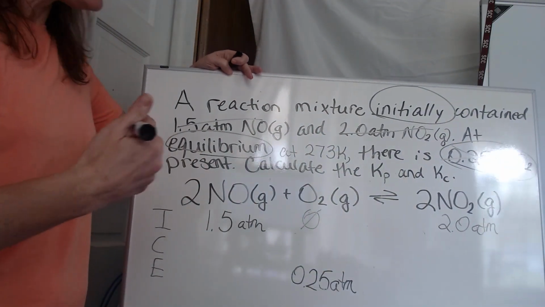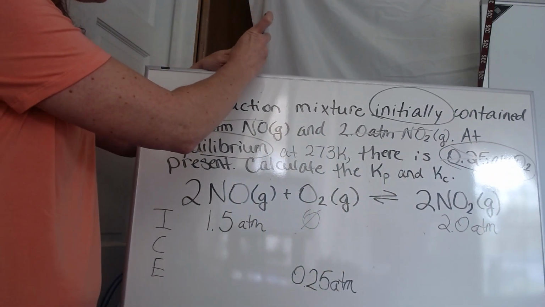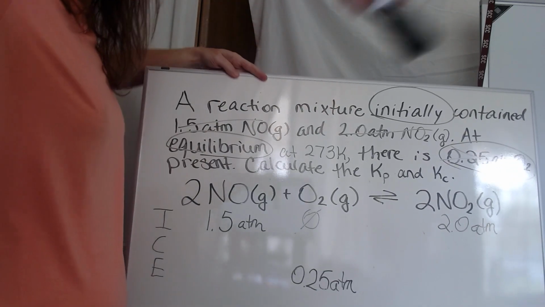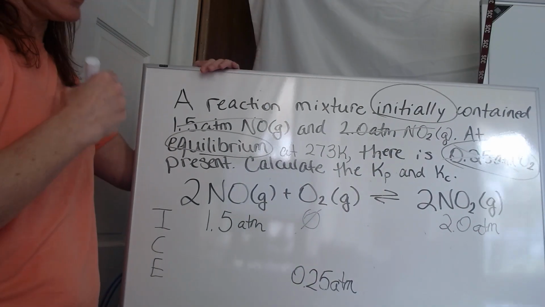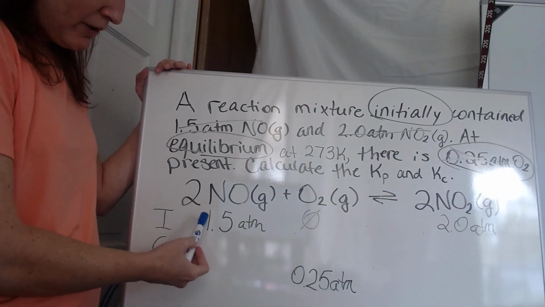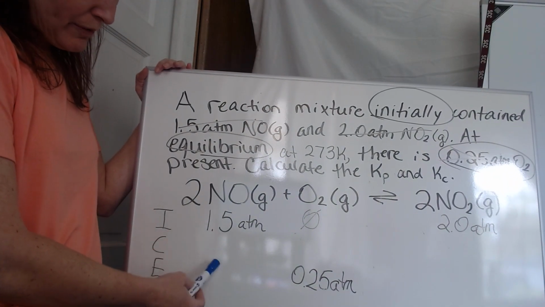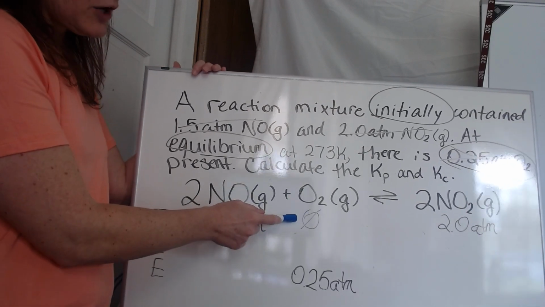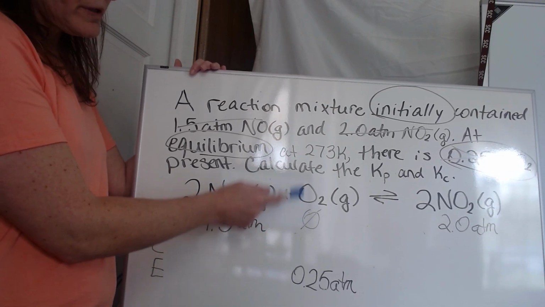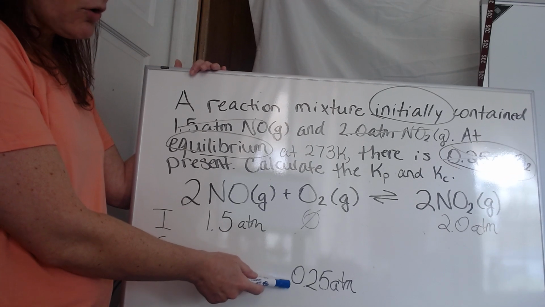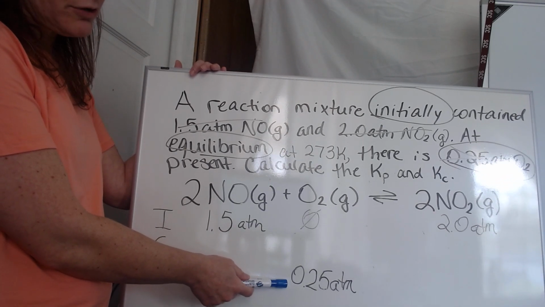So now you have to start filling in the information based on changes that occur. And the changes are stoichiometry changes. I know I have 1.5 at the beginning for NO, but I don't know anything else. Well, I know I had 0 oxygen because it wasn't mentioned, and it told me at equilibrium I had 0.25.